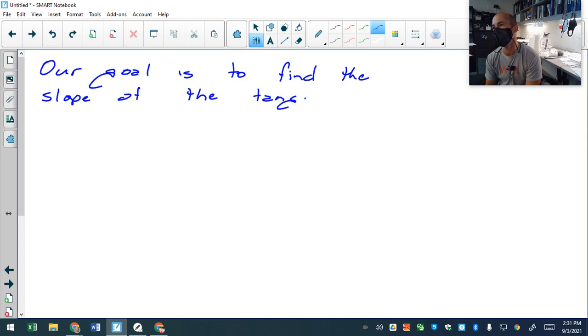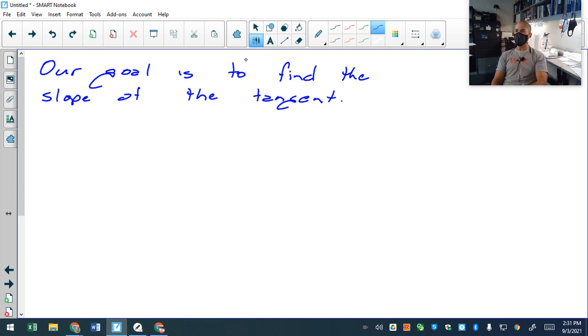And the slope of the tangent has a lot of real world applications. If you have a graph that represents position, the tangent slope would represent velocity. If you have a graph that represents profit, if you're in economics, marginal revenue would be found with calculus by tangents. So there's a lot of applications to tangents.